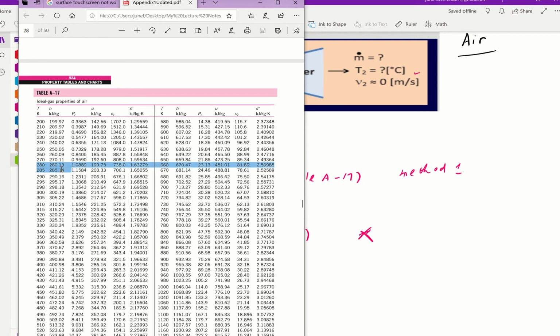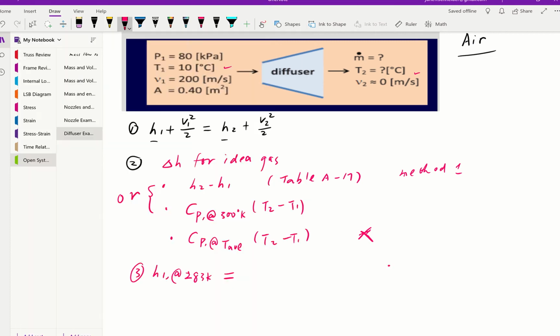It's between two numbers: at 280 is 280.13 and at 285 is 285.14. So I can really estimate that at 283, h would be around 283. If you want to be exact, you can use linear interpolation. So it will be 283 kilojoule per kilogram.